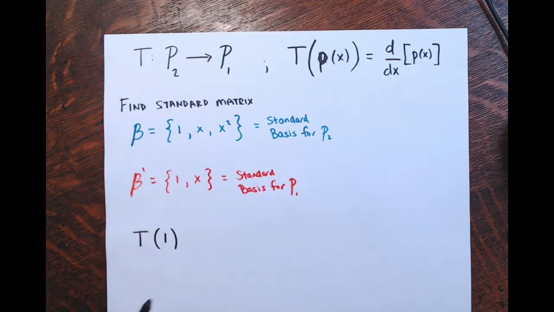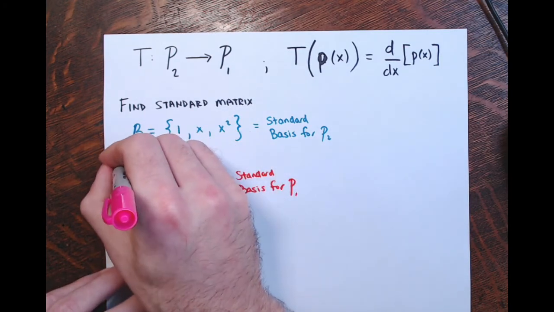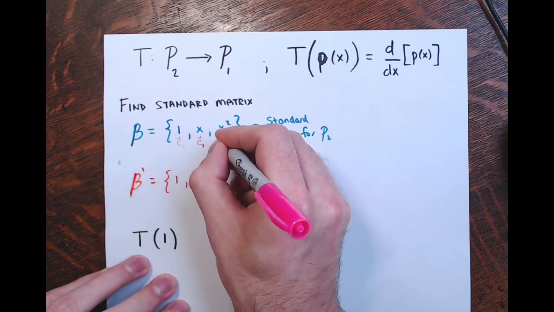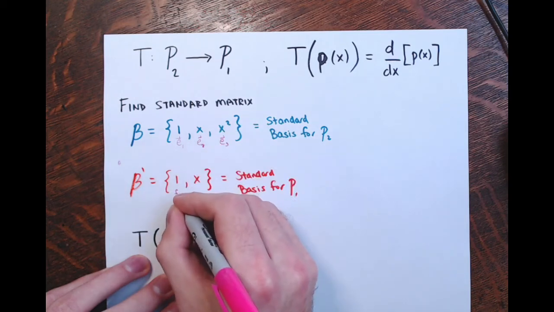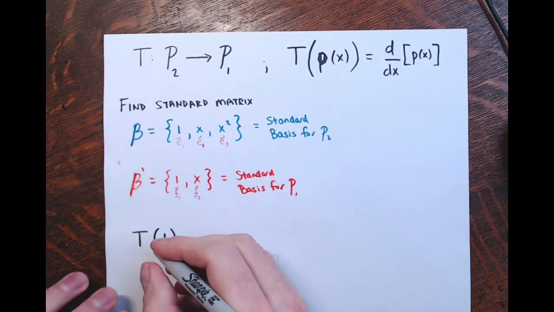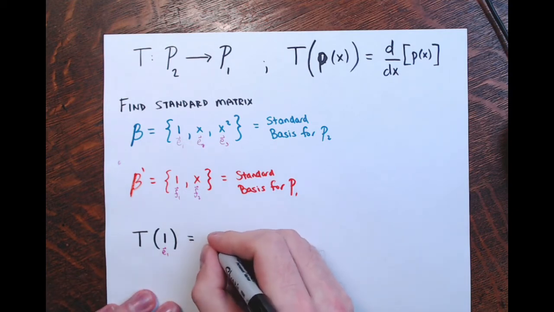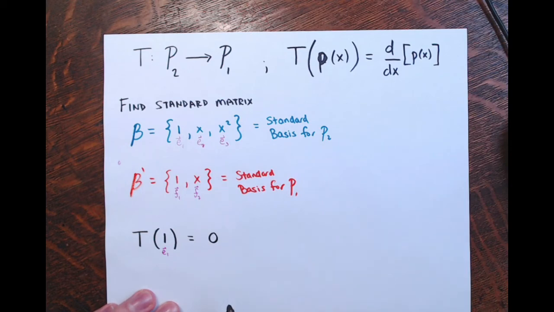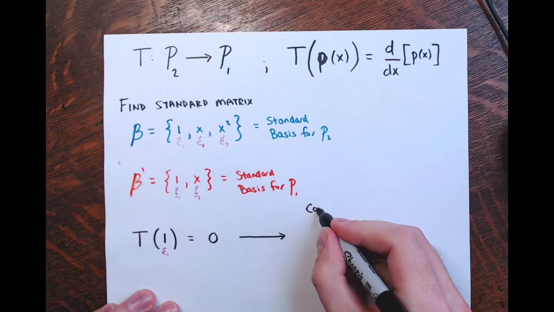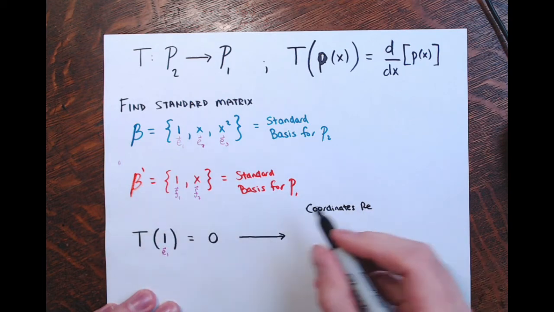Again, these are E1, E2, and E3, and these are the vectors F1 and F2 from the theorem. So what's T of E1? What's T of 1? T of 1 would simply be 0, the derivative of 1. And then I'm going to translate this to its coordinates relative to B prime.